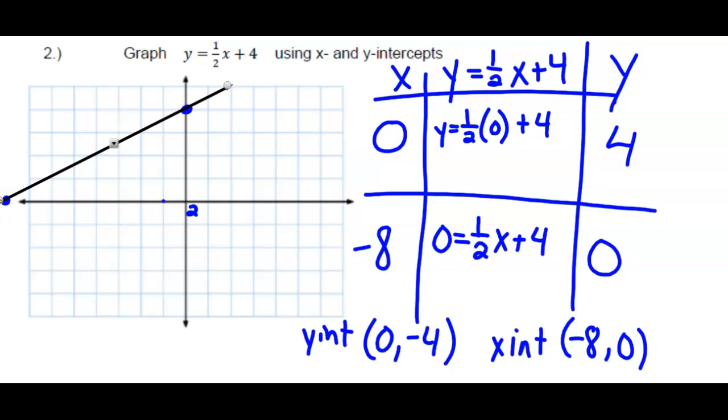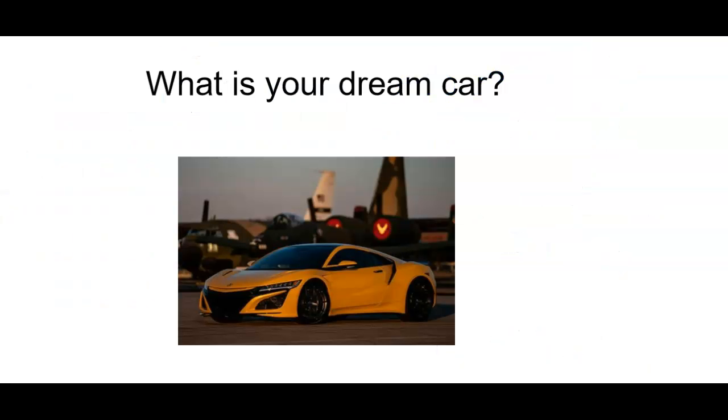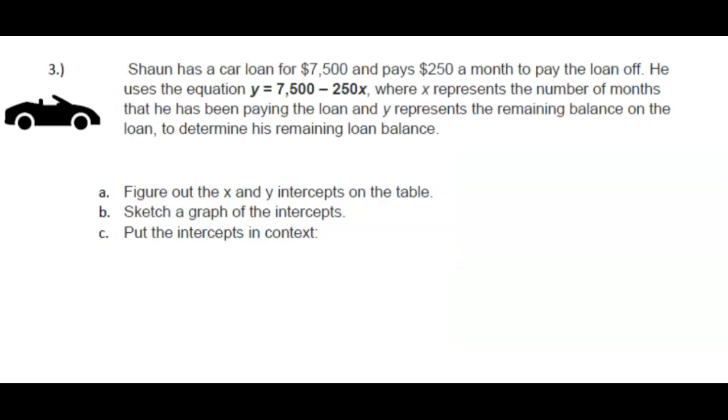So what happens if you have a situation? Well, here's my dream car. What's your dream car? We'll talk about that tomorrow. So here's what we want to do. Sean has a car loan for $7,500 and pays $250 per month to pay off the loan.